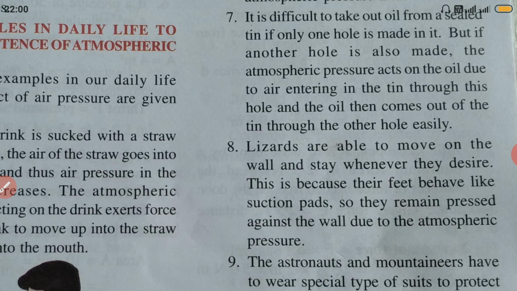But if another hole is also made, through one hole the air enters, and through the other hole the liquid can come out. If you tilt the can, the liquid will come out, provided there's a gap between the two holes.